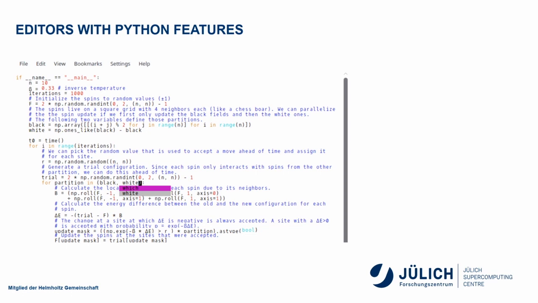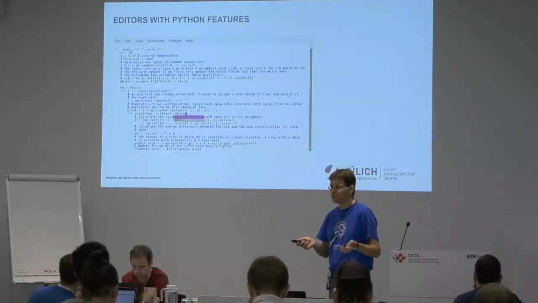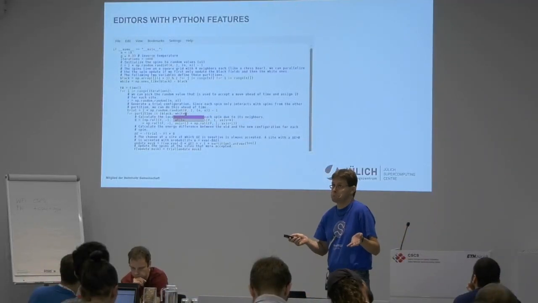That Vi can do. I'm sure Emacs can do it too. Lots of editors actually can do that in the meantime. And the lines are really blurring. I mean, is Visual Studio Code an IDE or an editor?